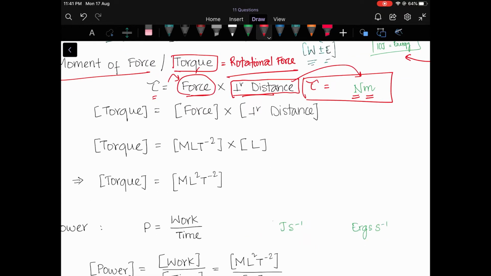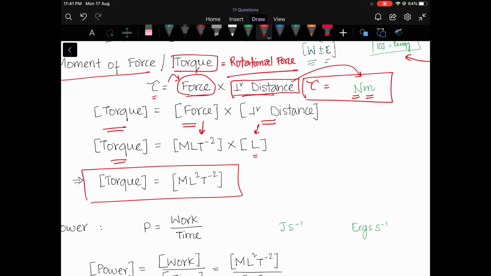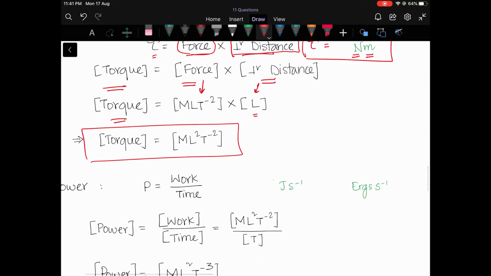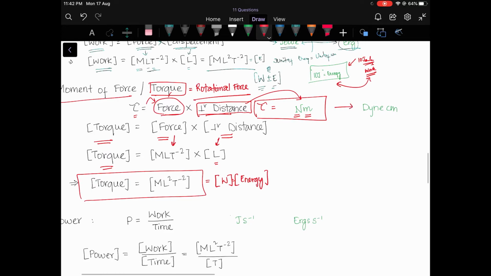The dimension of torque will be dimension of force times dimension of perpendicular distance. Force is M L T minus 2 and perpendicular distance is L, so torque dimension is M L square T minus 2. You can again see the dimension of torque is same as dimension of work or energy. In CGS the units can be written as dyne centimeter. In SI we can write Newton meter.